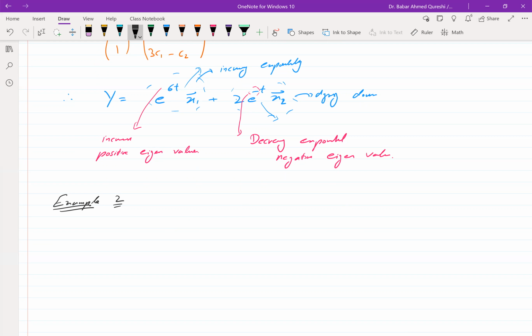So suppose you have y1'(t) = 2y1 - y2, and y2'(t), this derivative and this derivative, is -2y1 + y2.